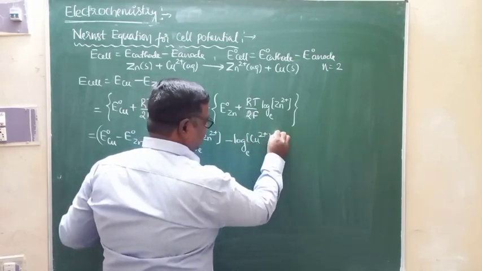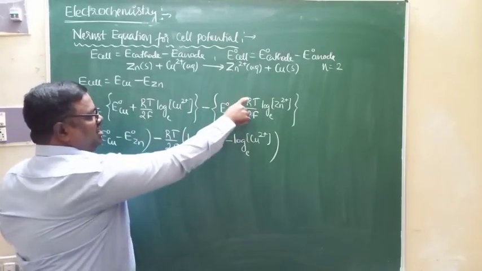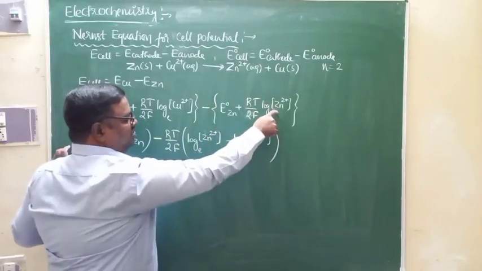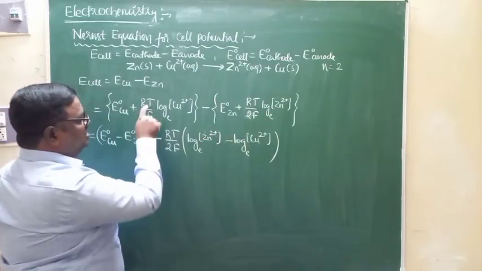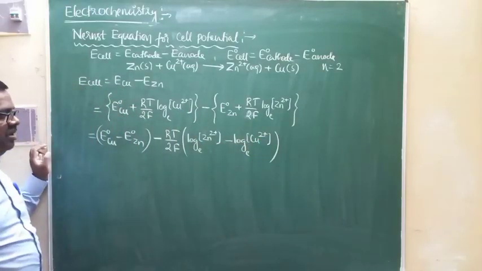So this is the expression that I can get. Taking minus RT by 2F common, what remains is log to the base e of Zn 2+ minus, and since minus into minus is plus, plus RT by 2F common, log to the base e of the concentration of copper ions.